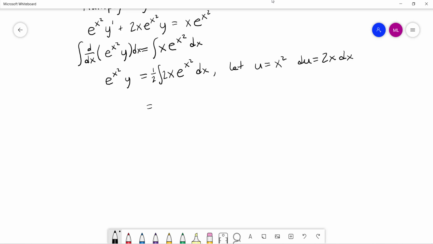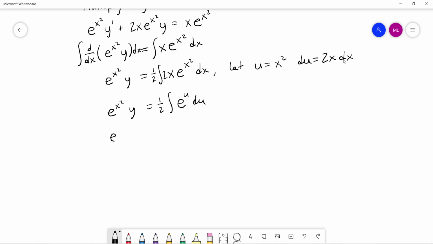The left-hand side isn't going to change. We're not touching that for the time being. But the right-hand side, I have my 1/2. I can rewrite this as e to the u, and here is my du, 2x dx.